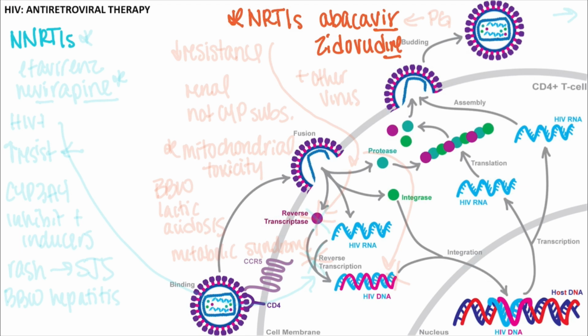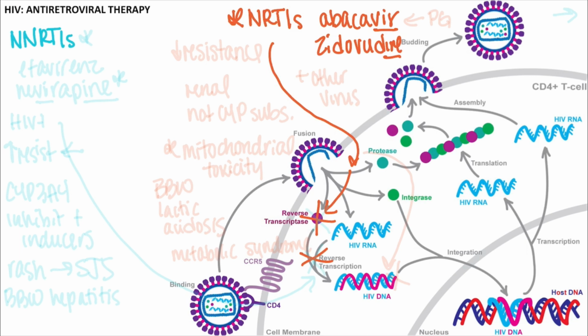Now, these agents are all nucleoside analogs except for tenofovir, which is a nucleotide monophosphate. And these all must enter the cells to undergo phosphorylation to generate a fully phosphorylated analog that can then act as a sort of decoy substrate for the HIV reverse transcriptase and block its activity.